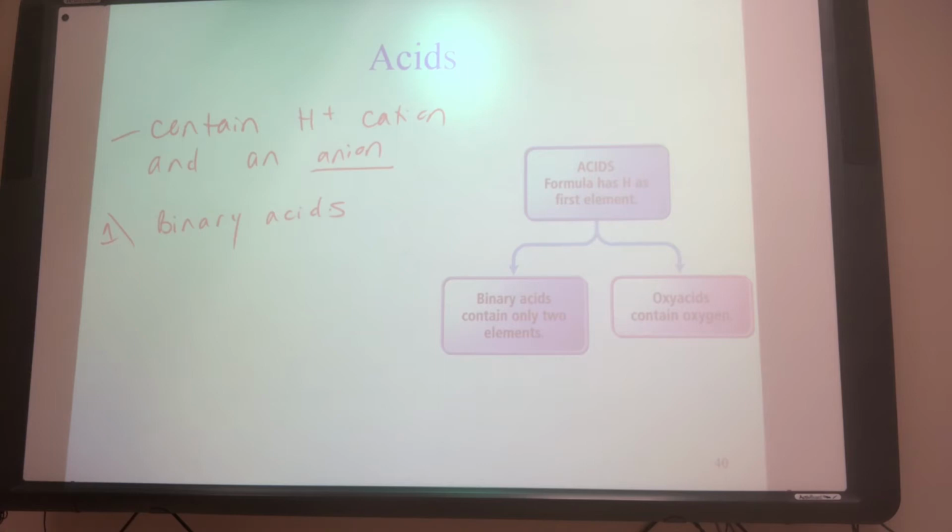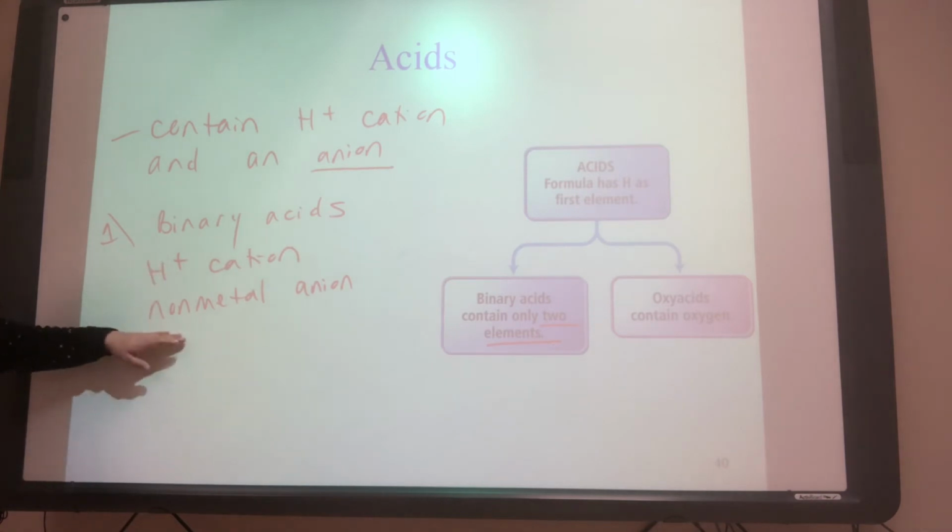So binary acids have H plus, because everything is H plus cation, but the anion is just a nonmetal. So it's a nonmetal anion. So here you're only going to have two elements. You'll have H plus and then a nonmetal. Fluorine, chlorine, bromine, iodine, some sort of nonmetal. So only two elements.